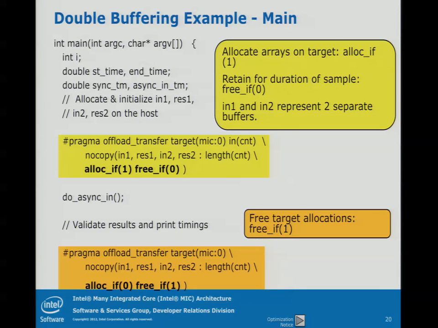So we do this offload transfer to the mic, and now we need to attach the number of the mic because we want to keep the data on a very specific device, and the runtime system may not fiddle around with the allocation of offloaded code to devices anymore. So everything goes to the first mic. We copy in the count variable.